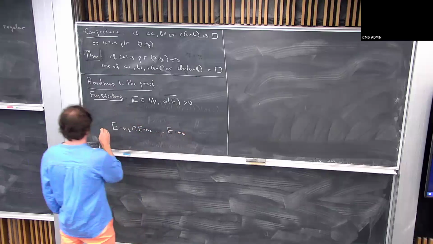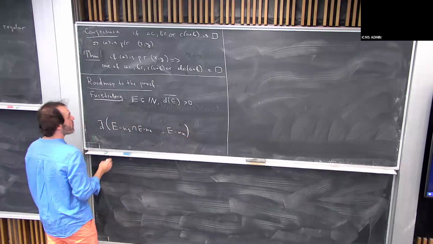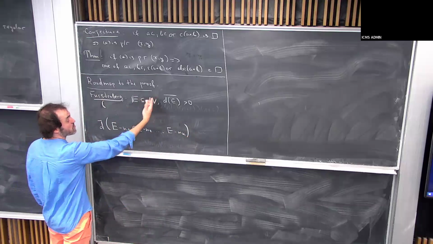and I want to understand how it intersects itself under shifts, I can always find a measure theoretic model of this set.